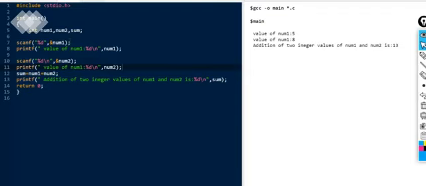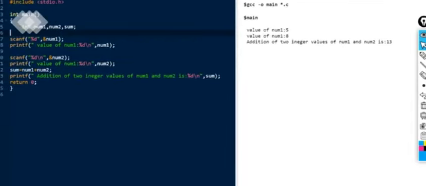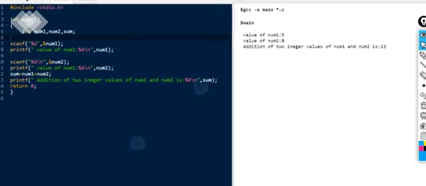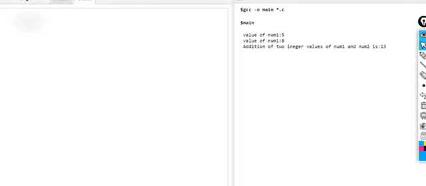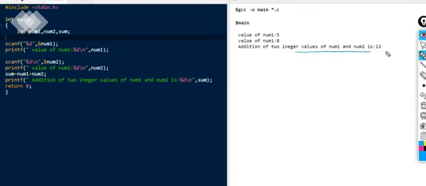To add two numbers, we need three variables. First we take the input, and after that we assign the values. Here I have assigned num1 as 5 and num2 as 8 at compile time. After compilation, you will get the sum as the addition of two numbers. This is the output mentioned here, which is 13.